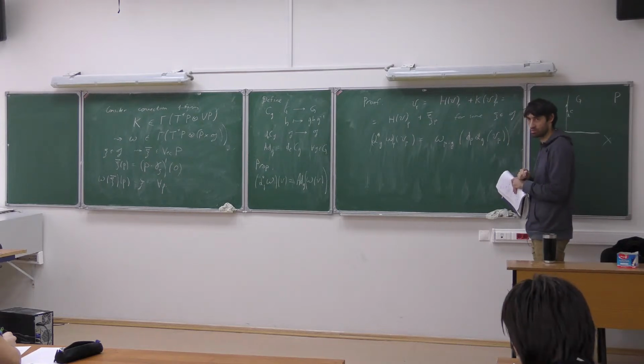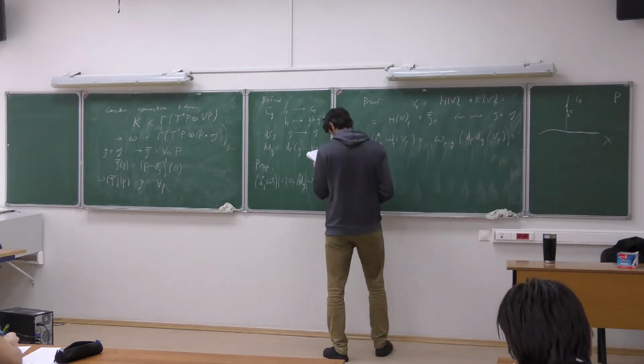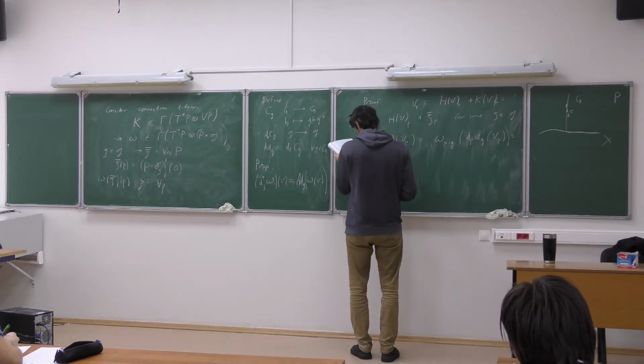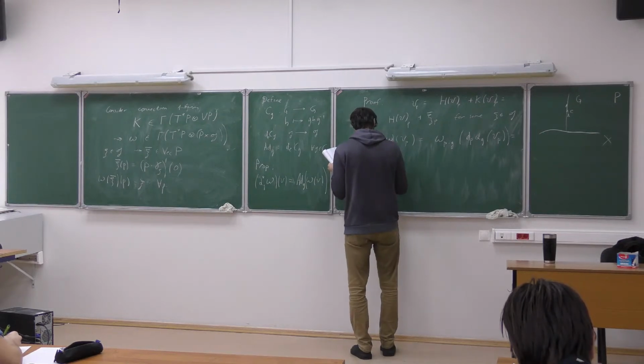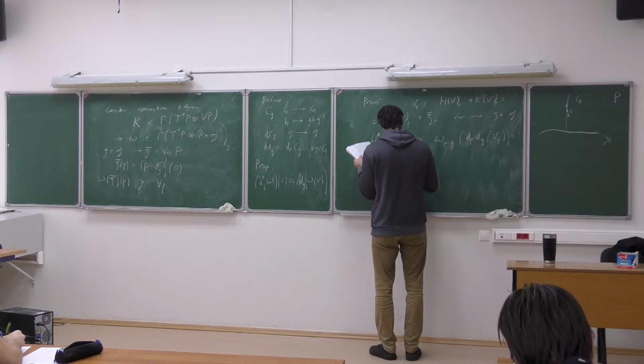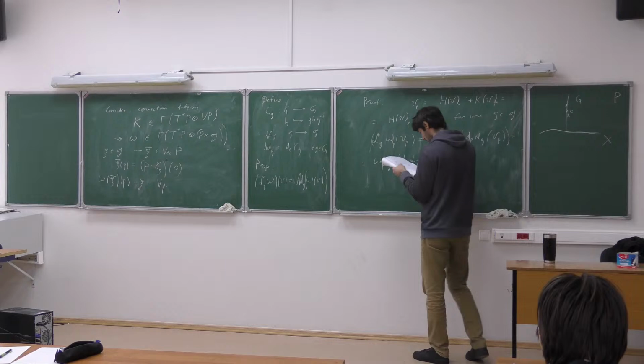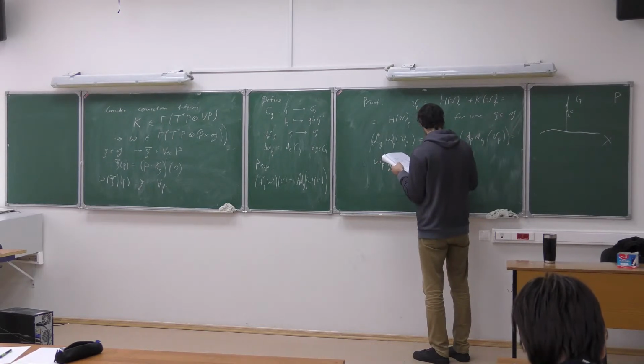It's just from the definition of pullback. This is the same as omega P G of dp alpha G of H of Vp, right?